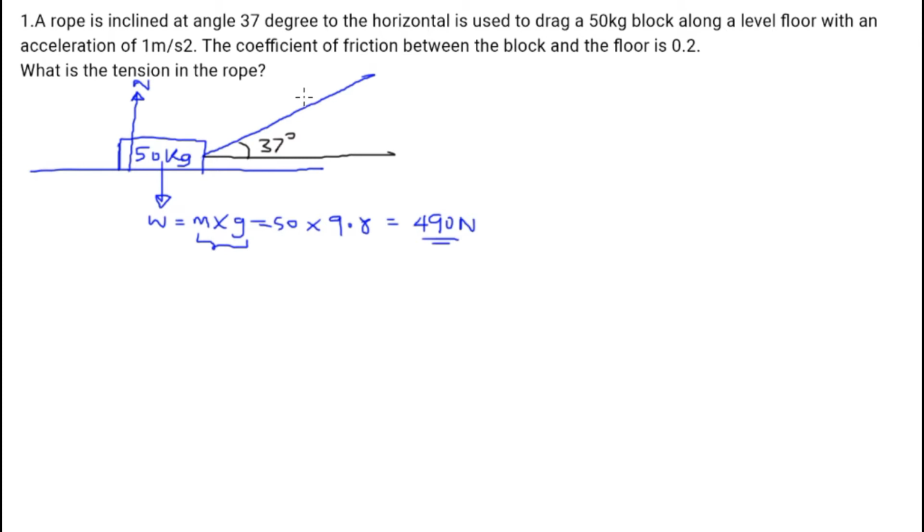Anytime a rope is being used in physics to either pull or push, there will always be a tension on the rope, and the direction of the tension is always towards the pull of the object. So you pull an object upwards, and that's the direction of the tension. So there is always tension T on the rope. The rope is used to drag this 50 kg block along a level floor.